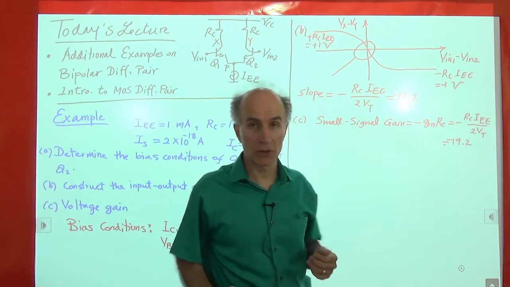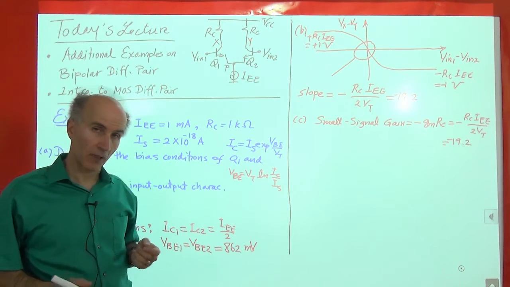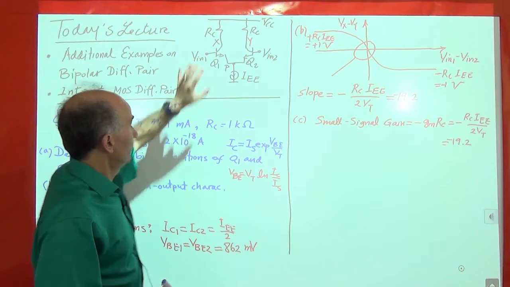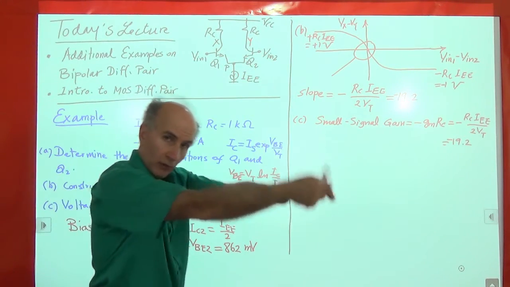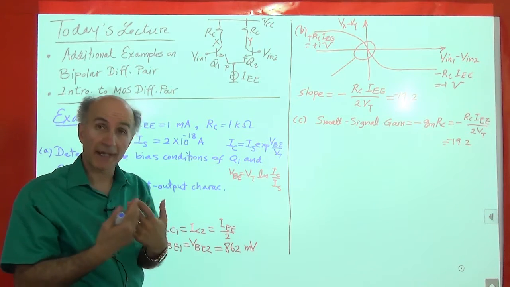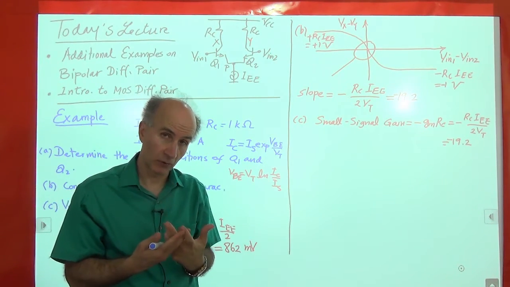So that is the voltage gain of this differential pair. Okay, so in other words, if I put this differential pair in a black box and it has 2 inputs and 2 outputs, then I can call this an amplifier. An amplifier with a voltage gain of minus 19.2.